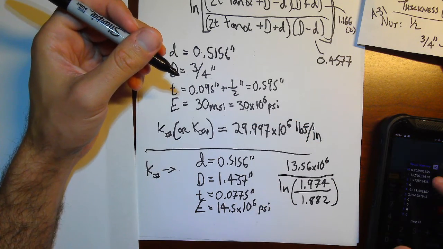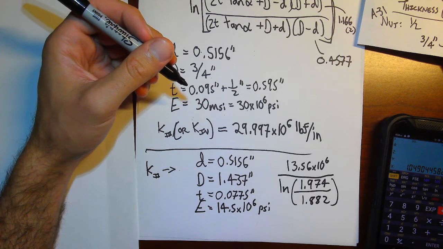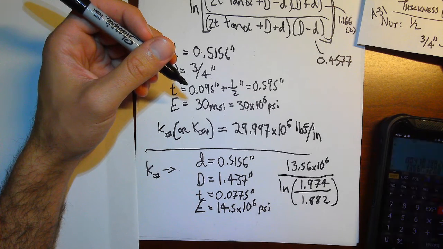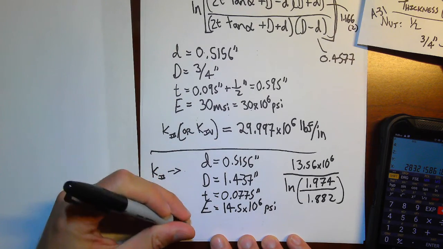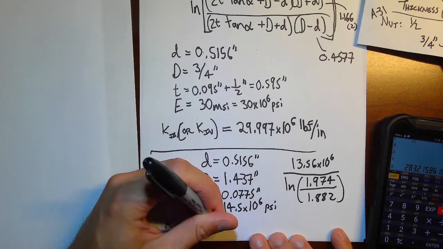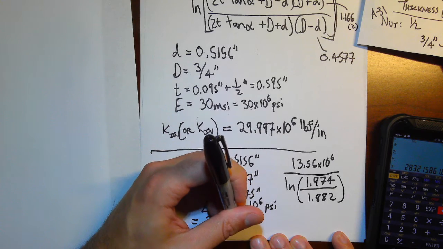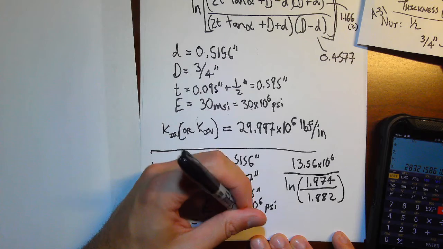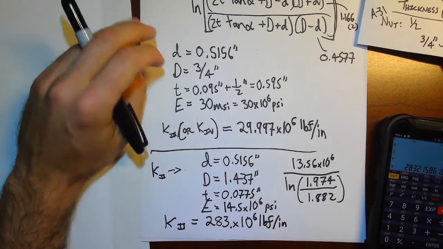So call this, flip, divide, natural log of 1.05, then divide 13 million by that. That gets me K2 approximately 283.21 times 10 to the 6th pounds per inch.